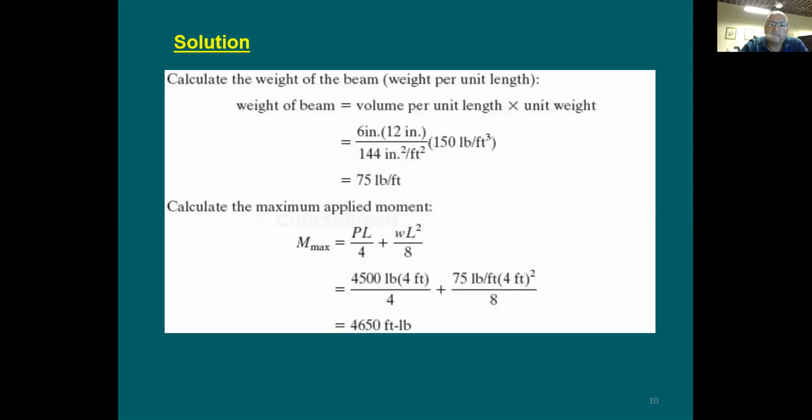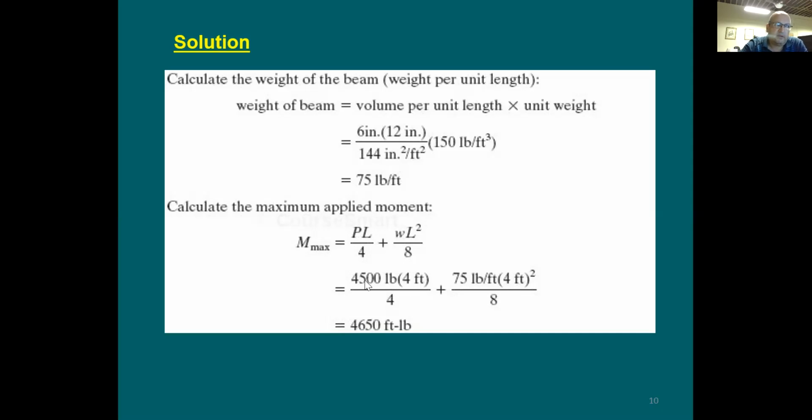The maximum moment at the mid-span is given by this equation: PL over 4 for the concentrated load, and for uniform load, wL squared divided by 8. So let me put the values here. P, 4,500, span 4 feet, divided by 4, plus 75 pounds per foot, 4 feet for the span squared, divided by 8.